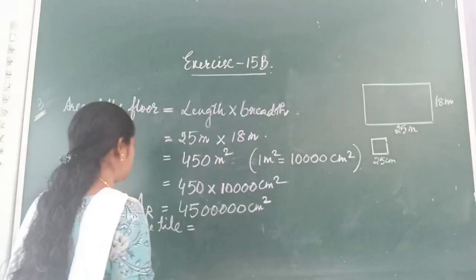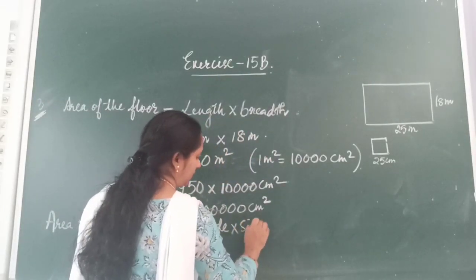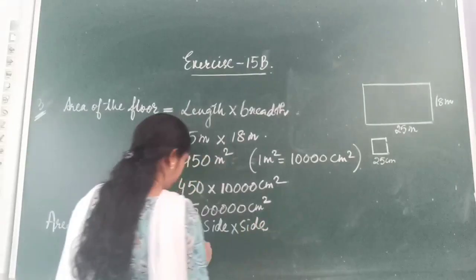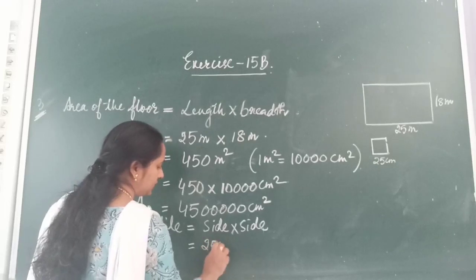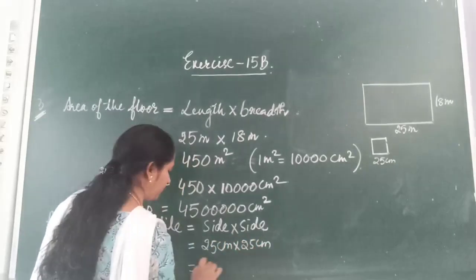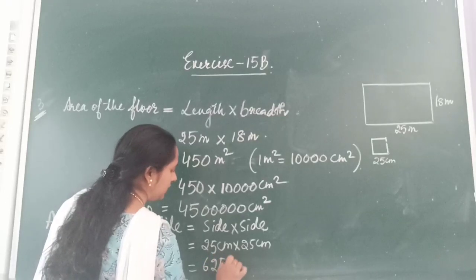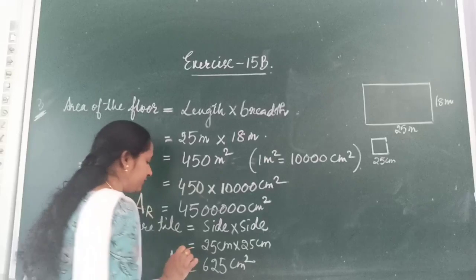So its area is side multiplied by side, that will be equal to 25 centimeters multiplied by 25 centimeters. This is equal to 625 centimeter square. So finally we got the area of the square also.